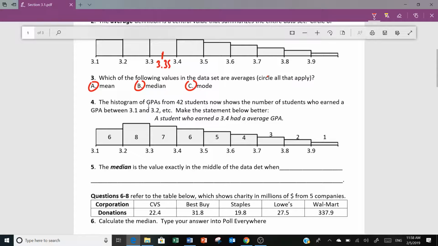Also 21. So there's 21 over here, and there's 21 over here. In groups of 2, what do we remember about that point where there's half on this side and half on that side? And then let's use that information to critique this statement here. So this, we're saying a student who earned a 3.4 GPA had an average GPA. So maybe we can get a little bit more specific than that.